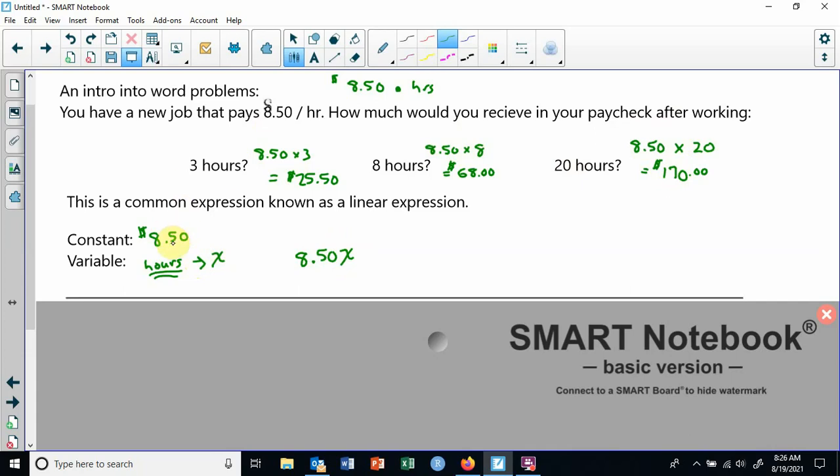I do want to say this is a special type where it gets multiplied by the x for each one. This is also known as a rate. Because it's for each hour, that lets us know it's just going to be multiplied by the variable, our rate.